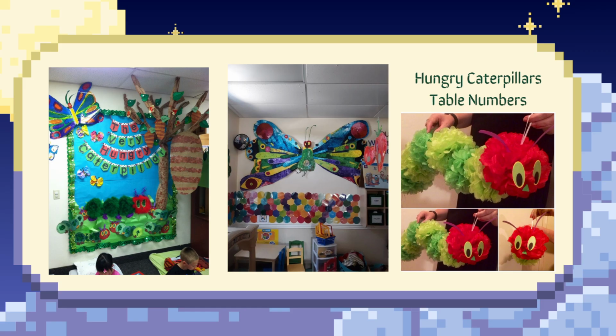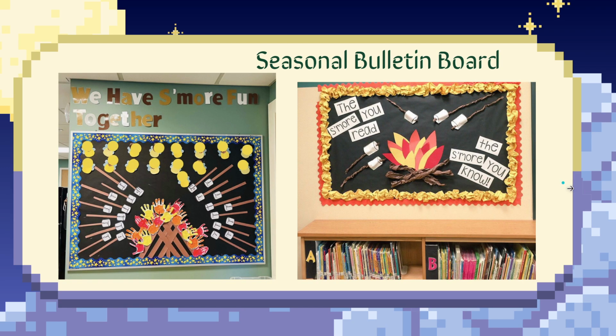I will hang the caterpillar on the ceiling, and each caterpillar will have the number of the table. That way, everything is organized and students know, when I call on table number one, who table number one is, or what number corresponds to the group. So here is a little bit of the classroom decoration.